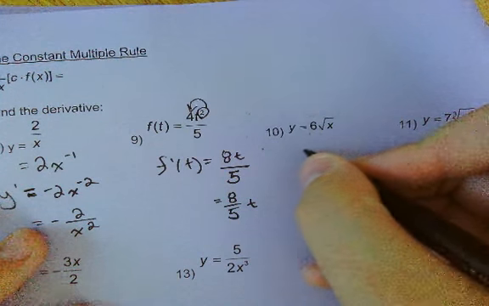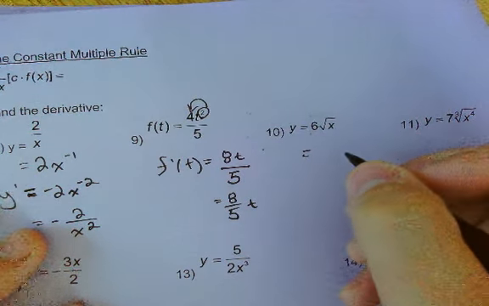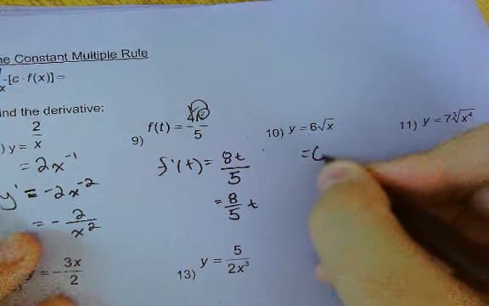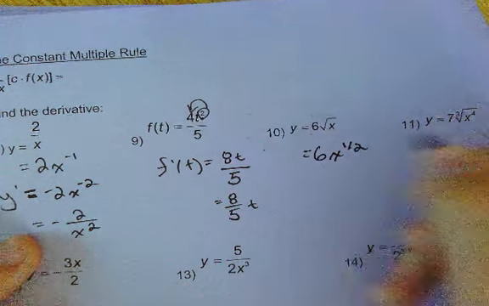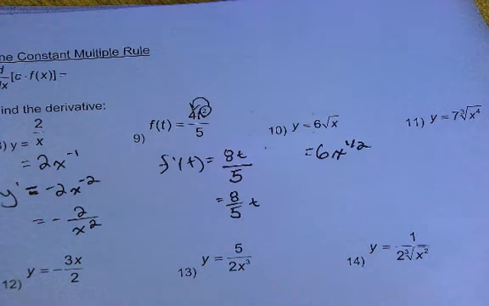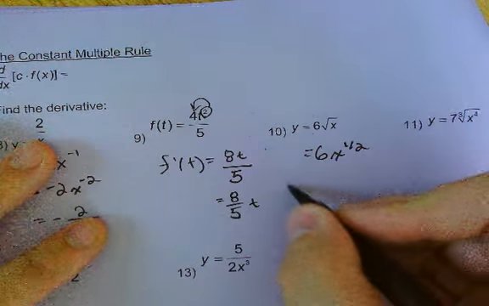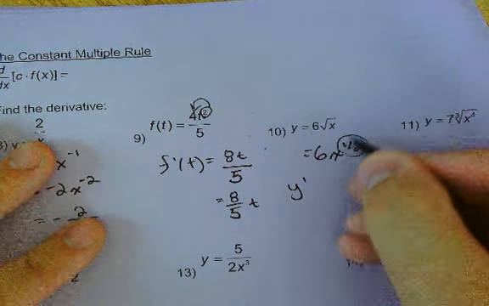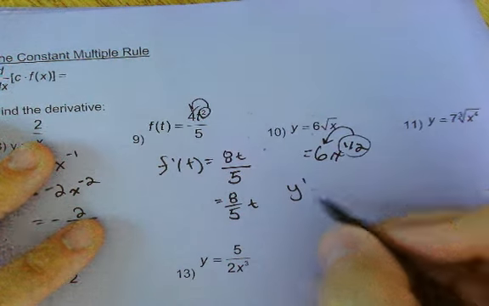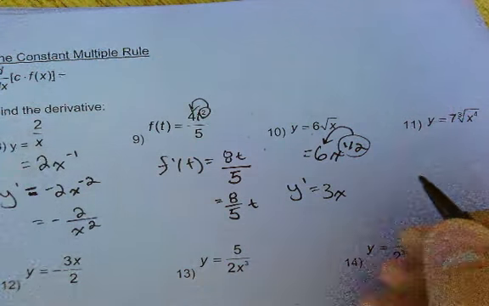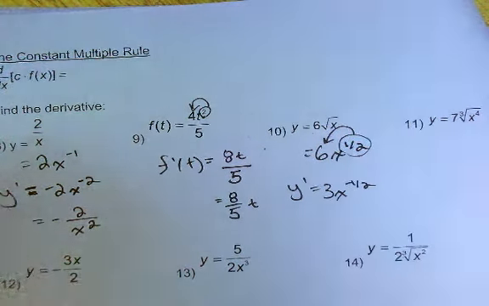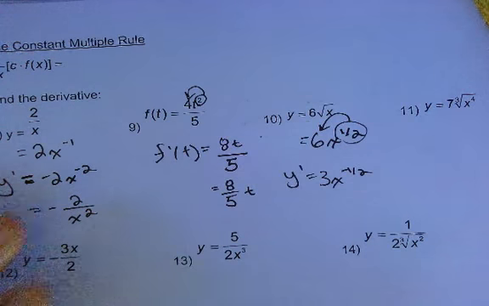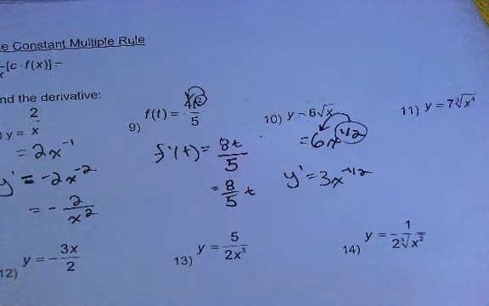So for 10, let's rewrite this. Rewrite this as what? 6x to the 1/2. You need to rewrite it so you can use the power rule. Now to find y prime, you're going to take that 1/2, multiply it by 6, and you get 3x to the... Now again, I can almost guarantee you this is not going to be what it looks like on multiple choice.